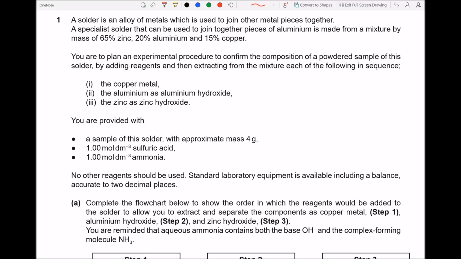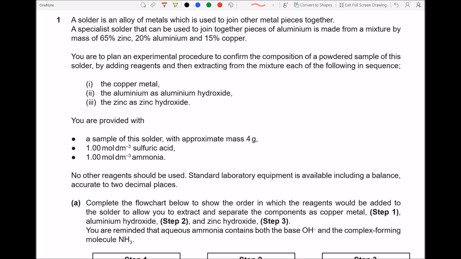For part A, it says complete the flow chart below to show the order in which the reagents would be added to the solder to allow you to extract and separate the components as copper metal in step 1, aluminium hydroxide in step 2, and zinc hydroxide in step 3. You are reminded that aqueous ammonia contains both the base OH- and the complex forming molecule NH3.